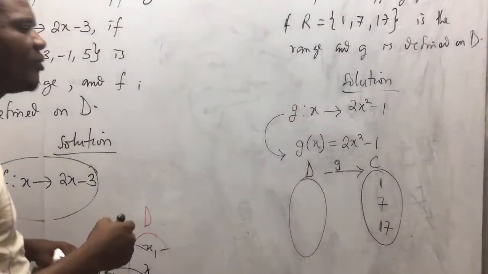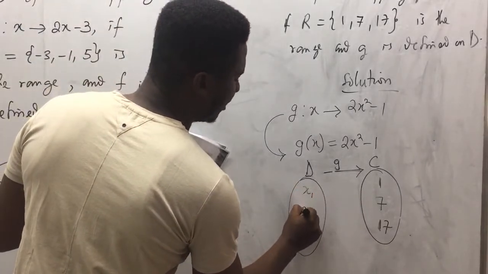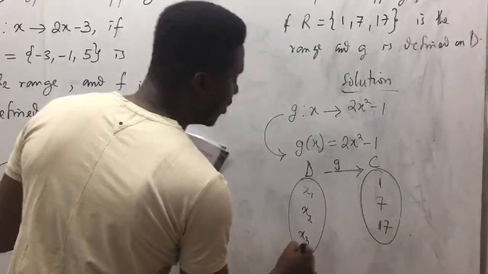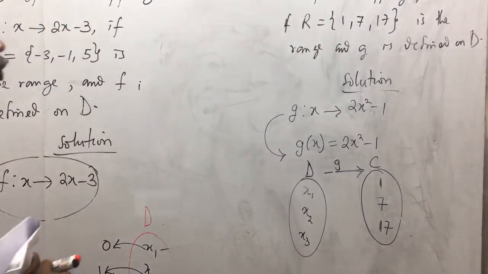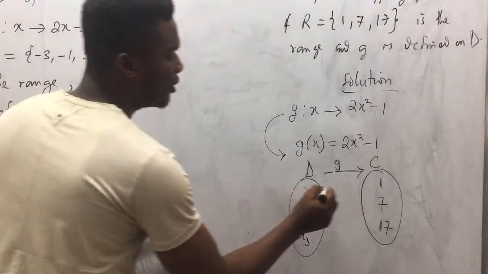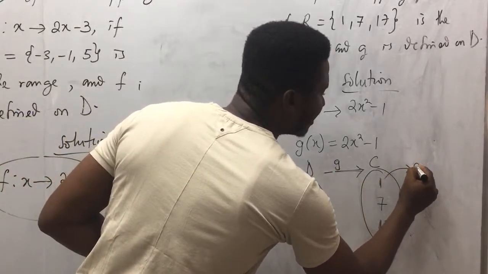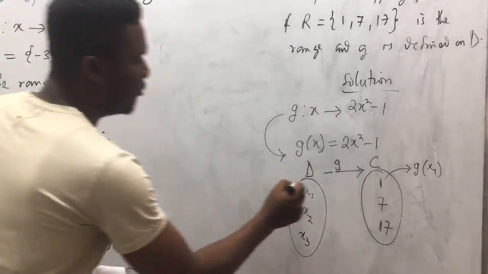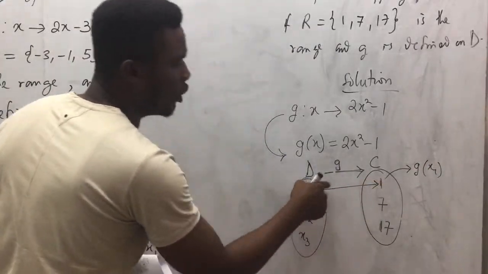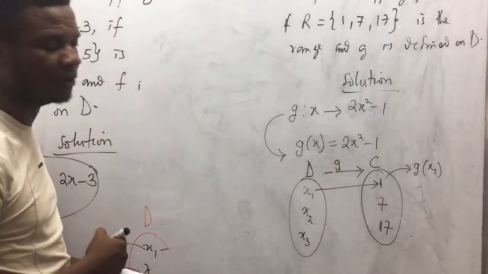Now, the question is, if there are elements x1, x2, and x3, we want to know what x1, x2, and x3 are. Looking at this, please take note. You will notice that this 1 here can be written as g of x1, because x1 must have given rise to this image 1 through the function g.